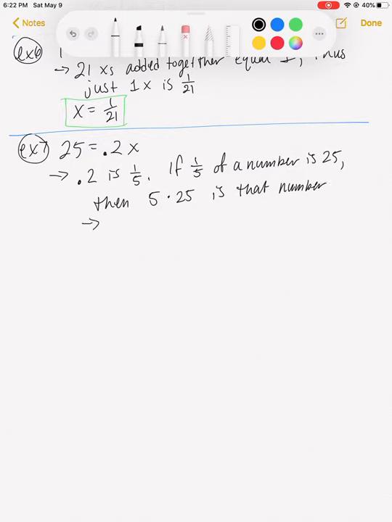Therefore, we can say that x is equal to 125. Okay, so 0.2 times 125 gives us 25. So for our check, 0.2 times 125 is equal to 25.